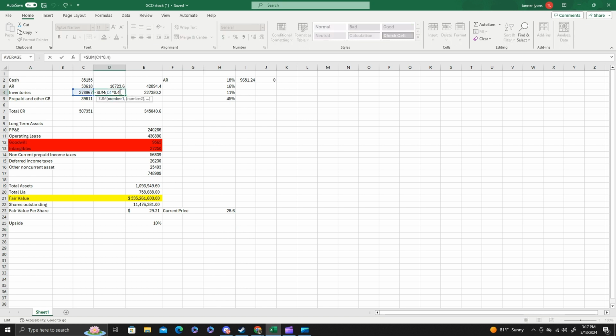Now if we go up here, let's say we just discount the inventory, you can see this share price is changing. I think I might have left something out. Let me make sure everything's right. 240 million, 436, 30. Okay, non-current. Let me check the balance sheet.